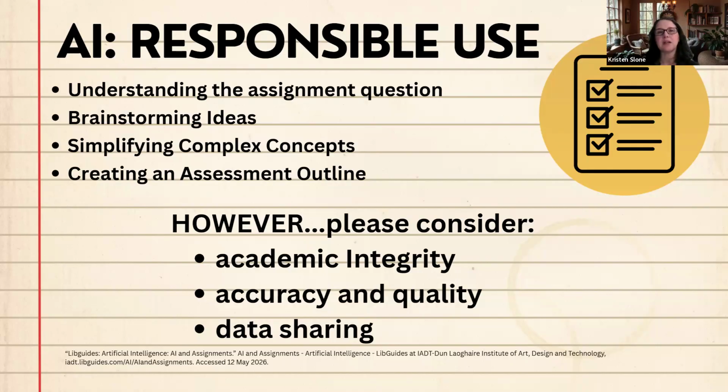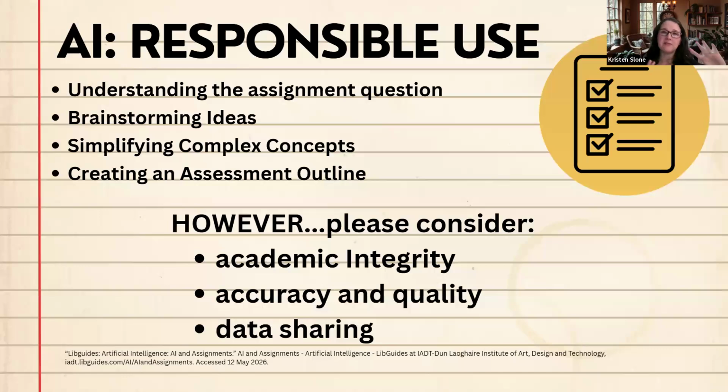So here are some examples of responsible AI use, okay? You're reading this assignment, you're like, I don't understand, it's so long and complicated and convoluted. Well, okay, type the assignment into ChatGPT. Use AI to help you understand the assignment question. Use AI to help you brainstorm ideas for an assignment.